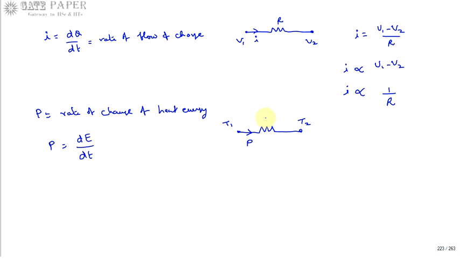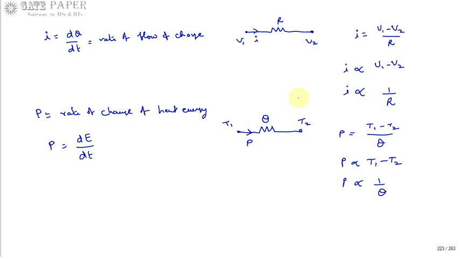This is going to be a resistance, but it is related to temperature, so we write it as thermal resistance, theta. So P = (T1 - T2)/theta. Power, which is the rate of change of heat energy, is directly proportional to the difference in temperature and inversely proportional to thermal resistance theta.